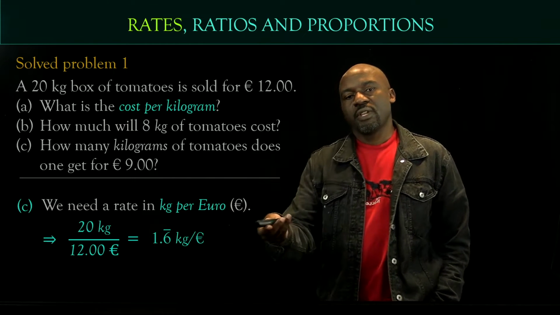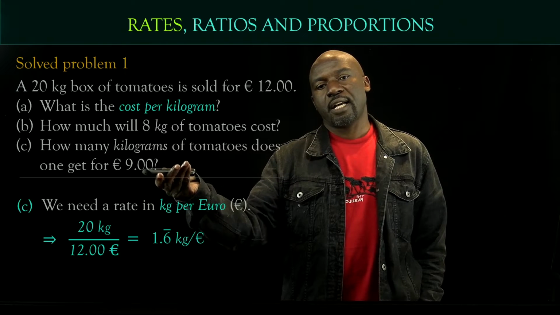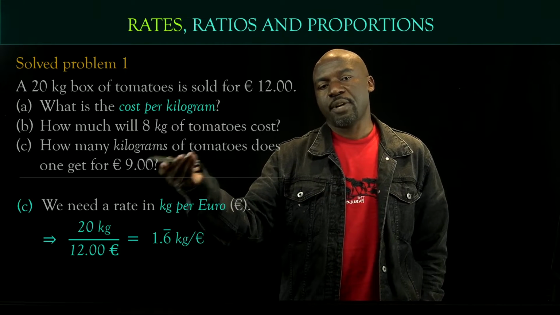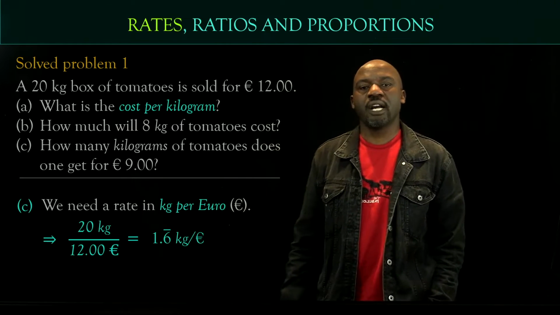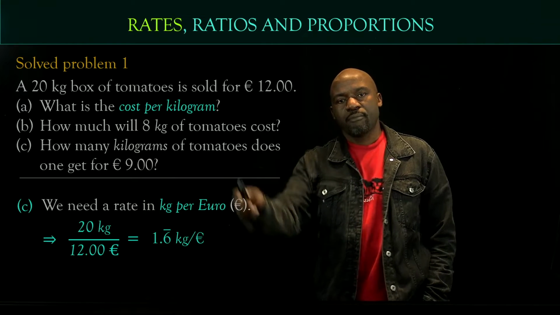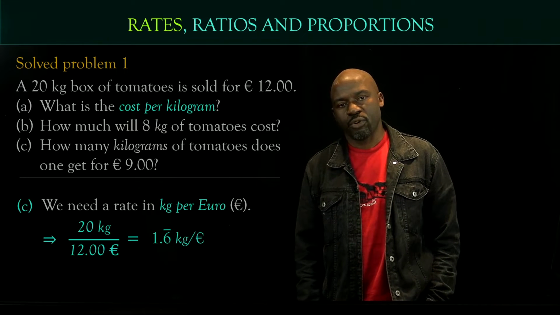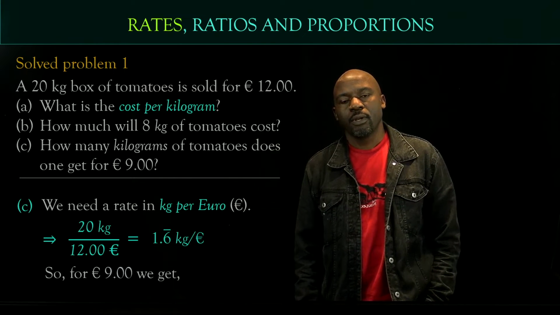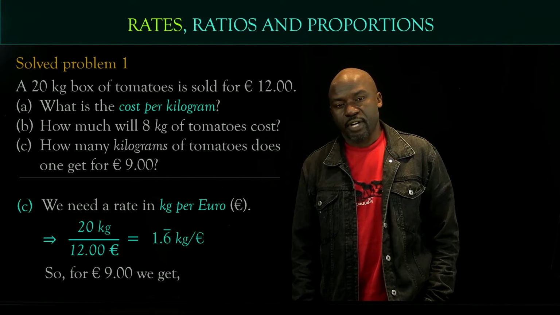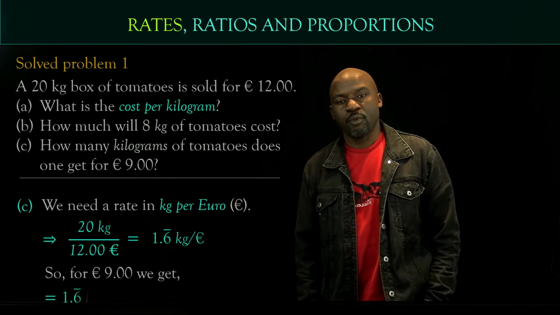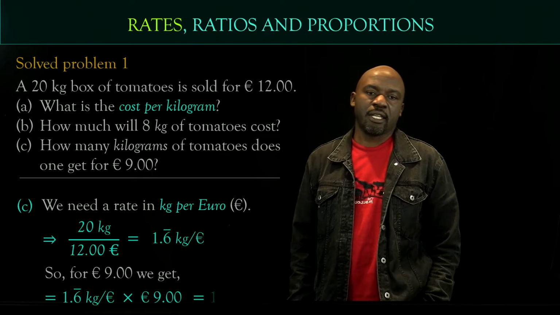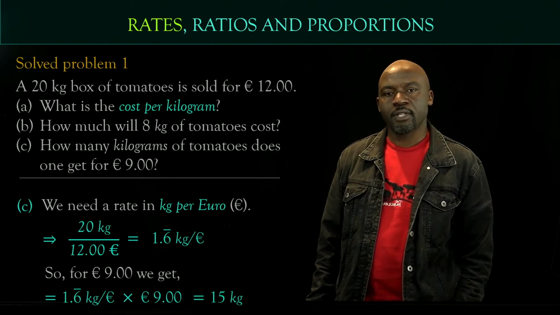So if we know the mass per euro, then we can tell how many kilograms we are going to get if we have 9 euros by just multiplying our unit rate by 9 euros. So 1 euro gives us 1.6 recurring kilograms. So 9 euros must be 1.6 multiplied by 9 euros, and that gives us 15 kilograms.